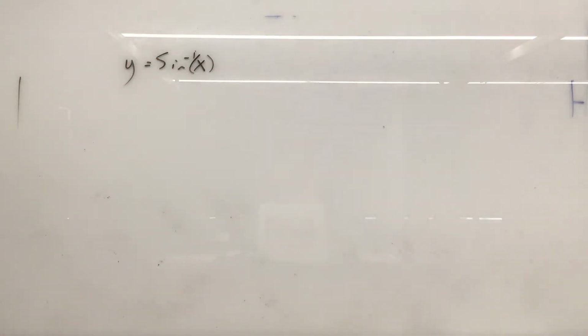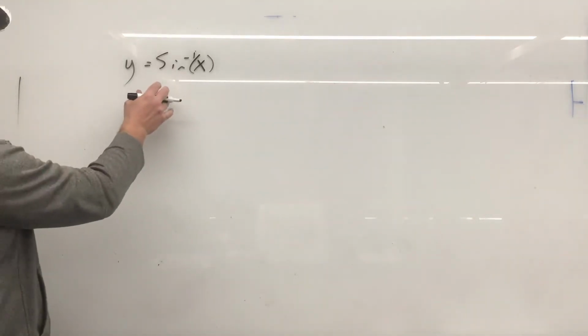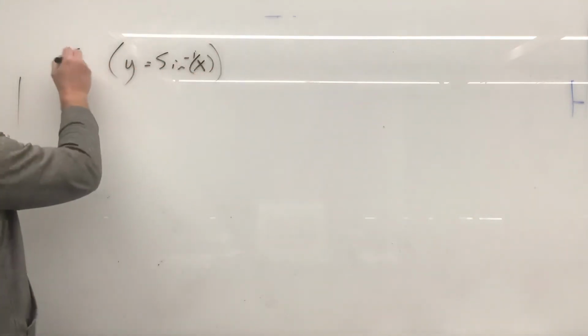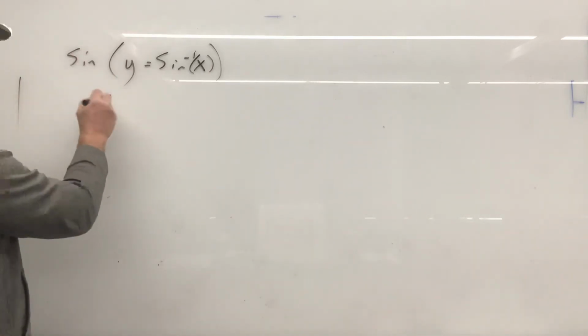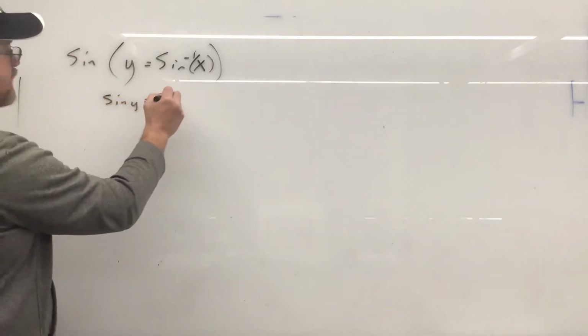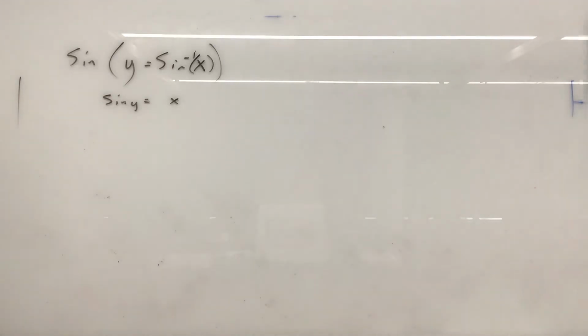And if I say that, well, then what am I saying? I'm saying I've got this thing that I want to be able to take a derivative of, and I'm not sure how to do it. So I look at this and I say, well, if I was to take the sine of this whole thing, then I would have the sine of y is equal to x. Well, that's something I know how to deal with.